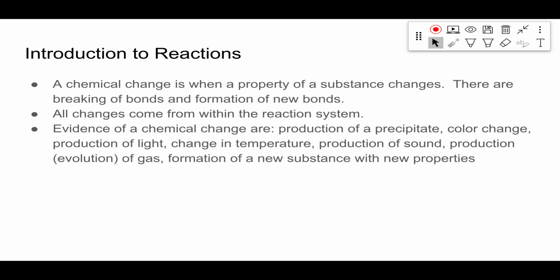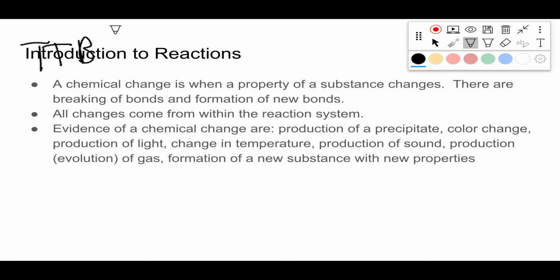Chemical change is when I make something new. So I'm making a new composition. In a chemical change, there is bond breaking and bond forming that's going to happen. When we talk about bond breaking and bond forming, you guys are going to, throughout the semester, learn that with bond breaking, it takes to break, TTB, and that it frees to form, FTF.